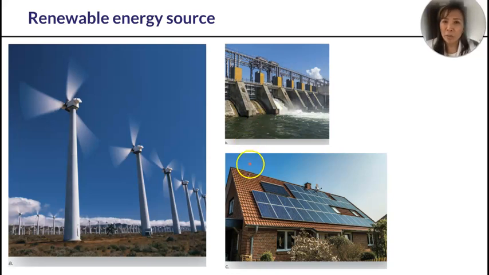Lastly, another renewable source is using energy from the sun. You guys have probably seen this around different campuses on parking garages, and different homes have it. These are using photovoltaic solar cells, basically taking energy from the sun and making it into usable energy for us.